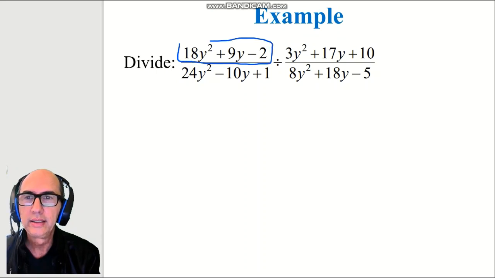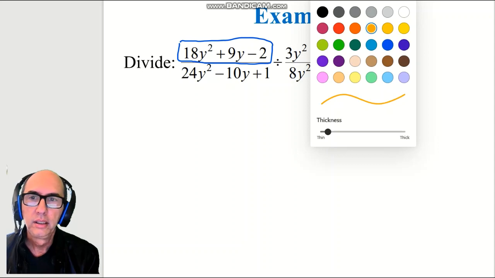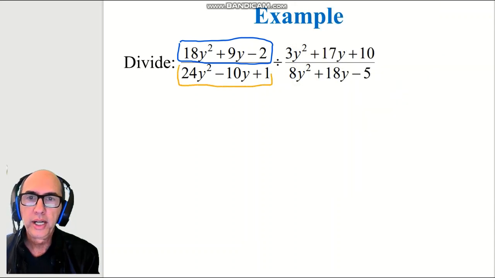Look, this is 18y squared plus 9y minus 2. Each one of the numerators and denominators, we need to factor out to be able to simplify.